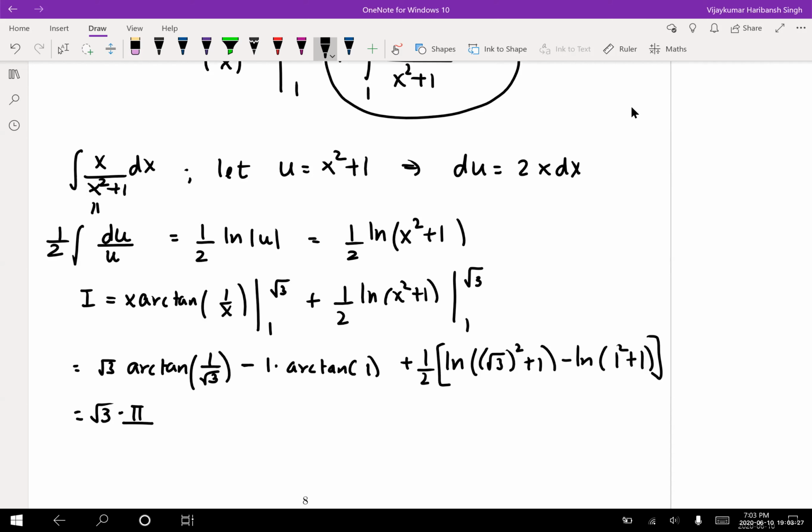Note that tan of pi by 6 is sine of pi by 6 divided by cos of pi by 6, which is 1 by 2 divided by root 3 by 2, right?